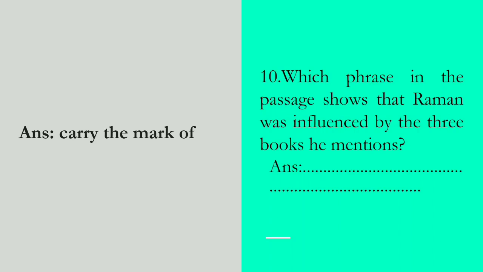So that means Raman was definitely influenced by these books. And of course you can see that the source, the title of the book that was written by C.V. Raman himself, is Books That Have Influenced Me. So from that, definitely he will be talking about the books that left some sort of mark in him. So that is the phrase, carry the mark of.